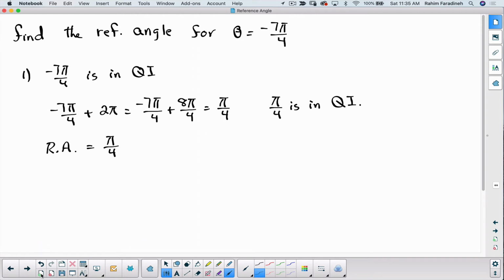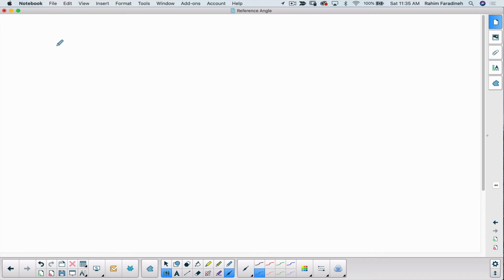Let's do a couple more examples. We want to find the reference angle for theta equal to 1000 degrees.